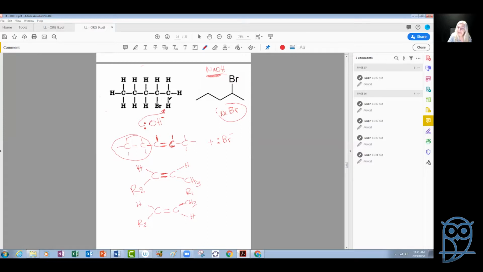This pair of electrons now will form a double bond here between these two carbons. And at the same time, this pair of electrons from this bond between carbon and bromine will come out with a bromine ion again, a bromide ion.